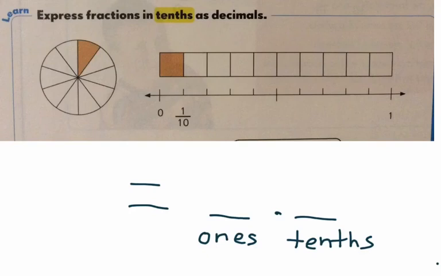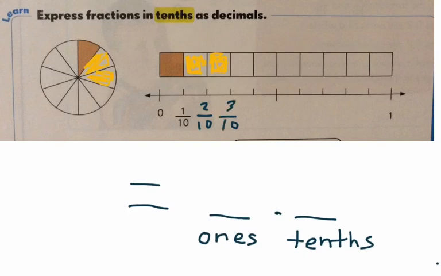I'm going to add another color here, and let's shade in more areas on our models. And again, use our number line as well. If we were to count with our number line, we know we're counting by tenths. So this first is 1/10. Our second one would be 2/10, and the third would be 3/10.